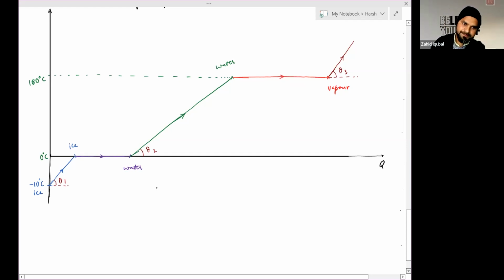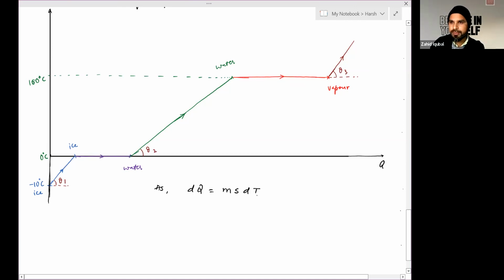So we may write for specific heat, dQ equals m s dT. dQ is the heat supplied to the system, m is the mass of the substance, s is specific heat, and dT is the change in temperature. In this graph, y-axis is dT and x-axis is dQ.